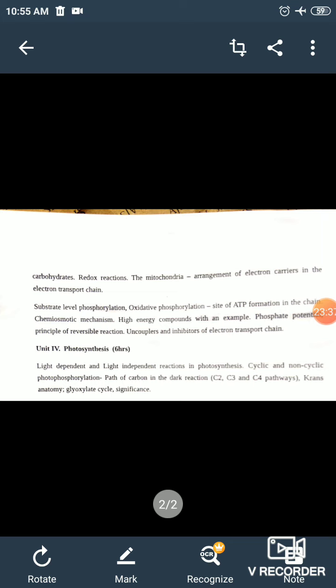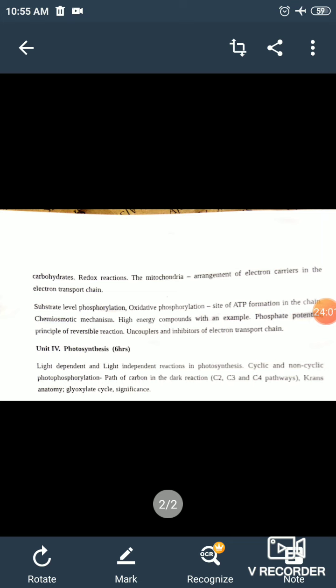Photosynthesis mainly happens in producers, mainly plants and some algae. So we have to cover the different types of reactions. Basically, photosynthesis includes light dependent and light independent reactions, or the light reaction and the dark reaction.